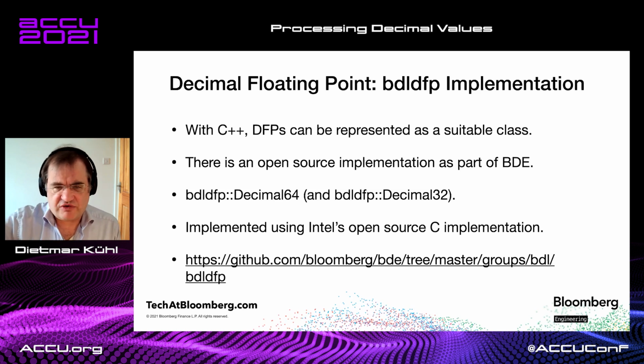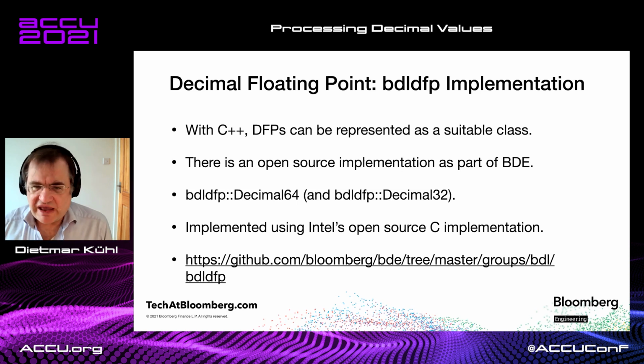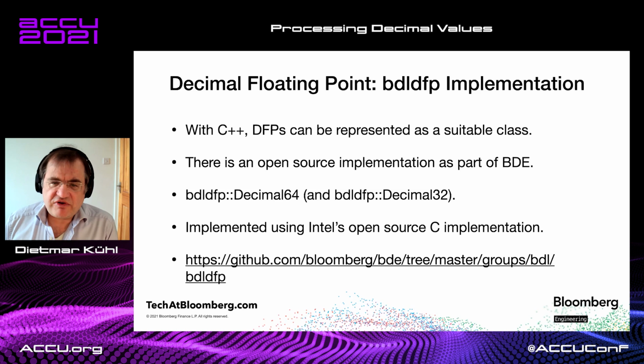The computations on 32 bits effectively convert the 32-bit into 64, do the computation and go back, roughly speaking. And there's also a 128-bit version, which you could use, but this is slow. And in practice, I'm not aware of anybody using it.